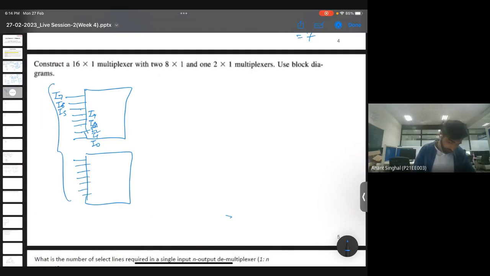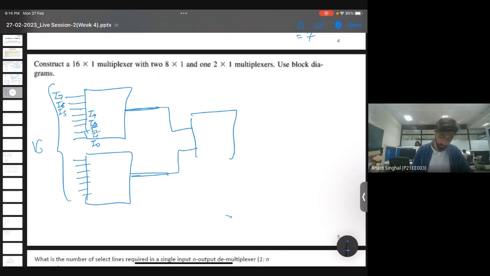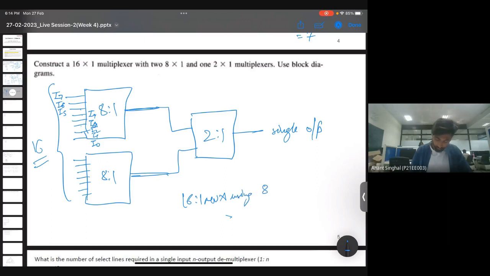So this will combinedly give some 16 inputs, and this will be nothing but 2 outputs. So we can make a 2 cross 1 mux using that. So this will be nothing but 16 inputs and a single output. This is how we have converted a 16 cross 1 mux using 8 cross 1 and 2 cross 1 mux.